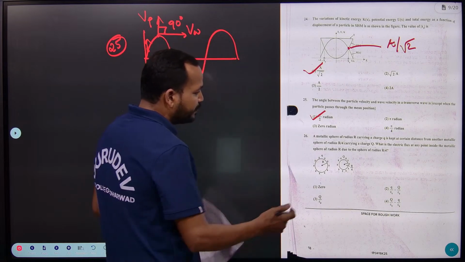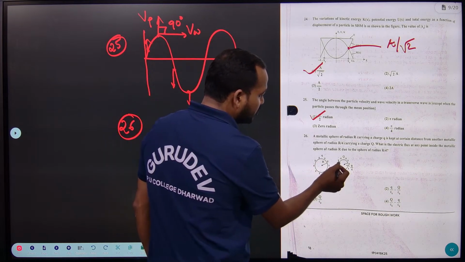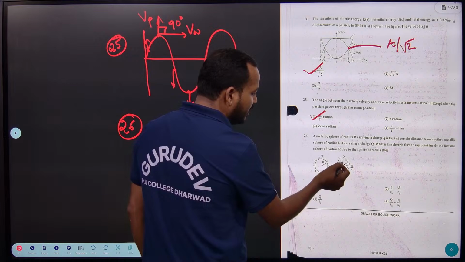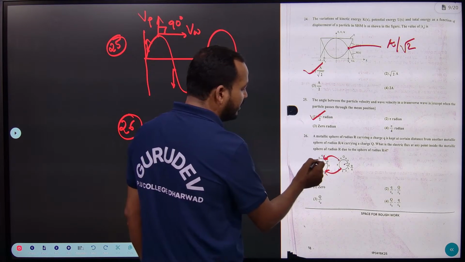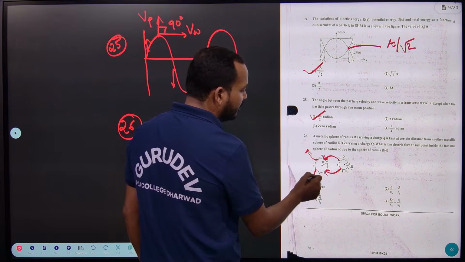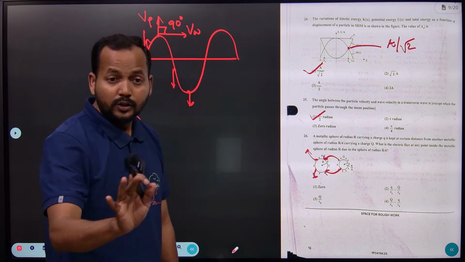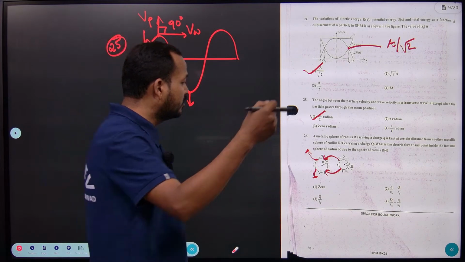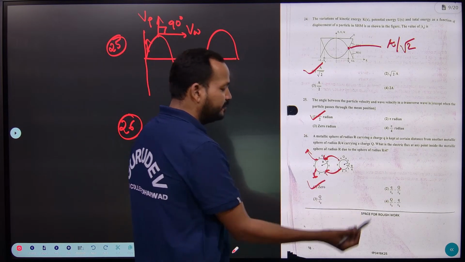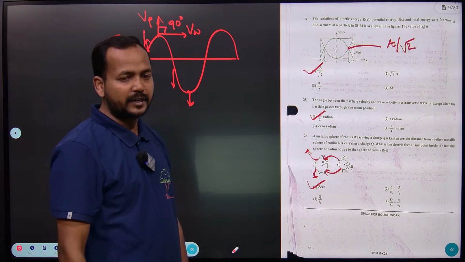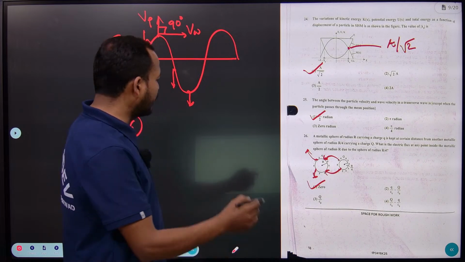Now you can say that, here charges are there. So these charges can produce electric field lines which are entering into the capital R and leaving the surface of the capital R. But no electric field line is going through inside the radius R. So the flux is 0. So what is electric flux? Electric flux formula is what?